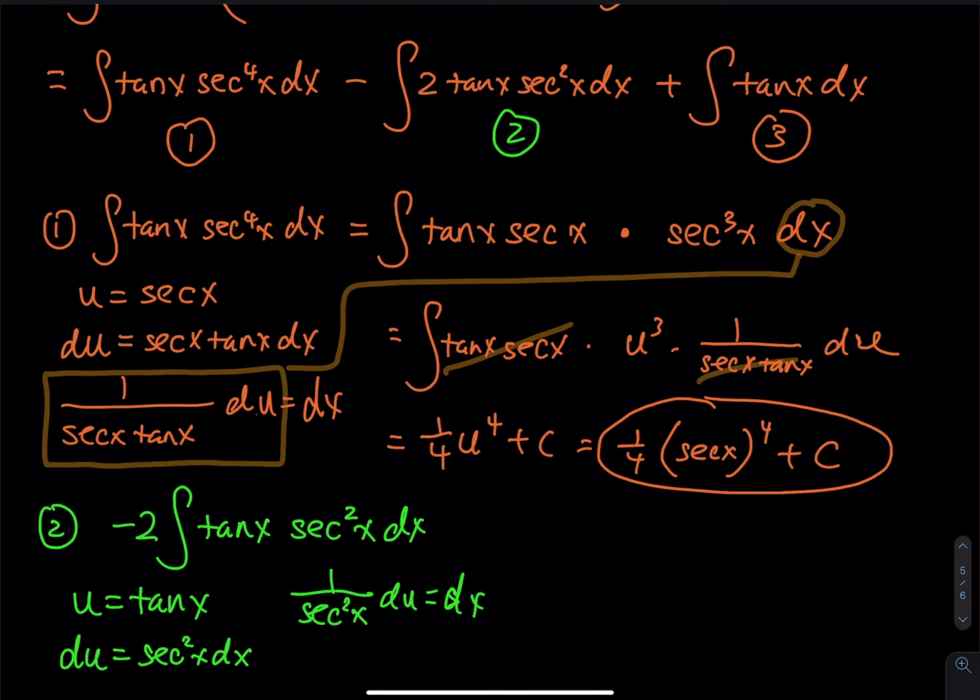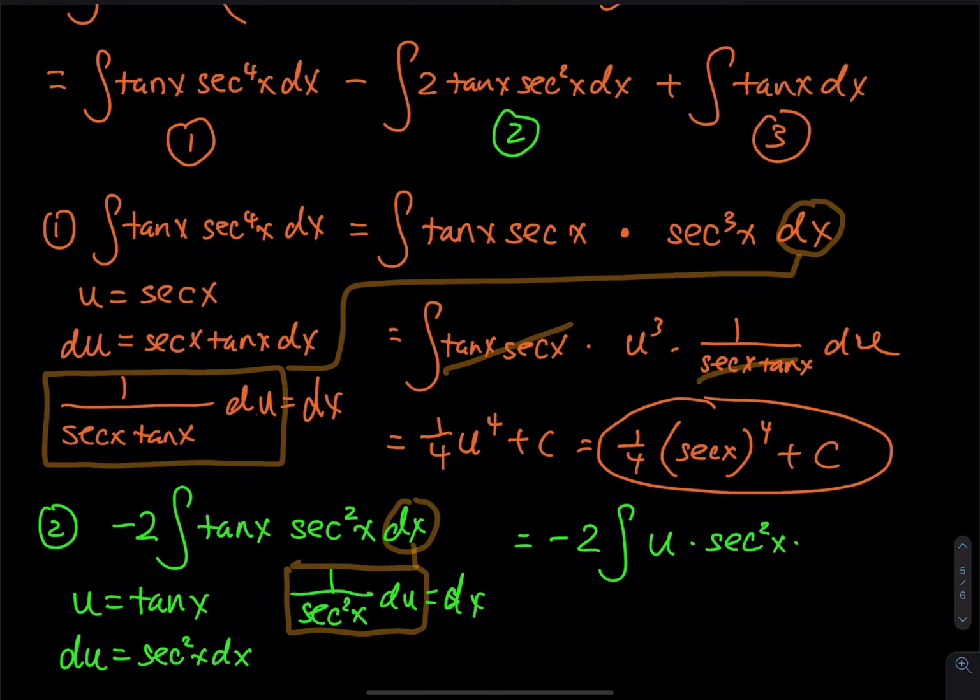And then change of variable, we replace this dx here. And then the integral becomes negative 2 integral of u times secant square x times 1 divided by secant square x du. Then this is only negative 2, the integral of u du, simple integral.